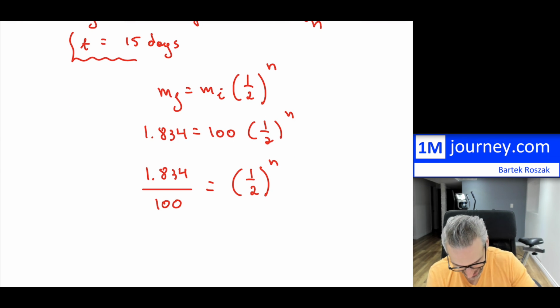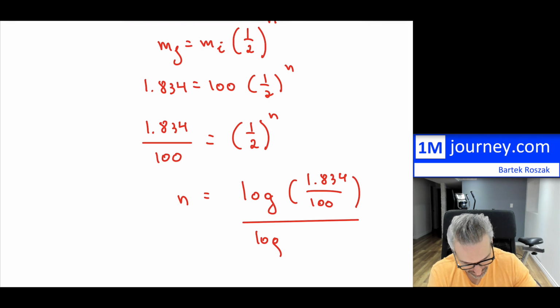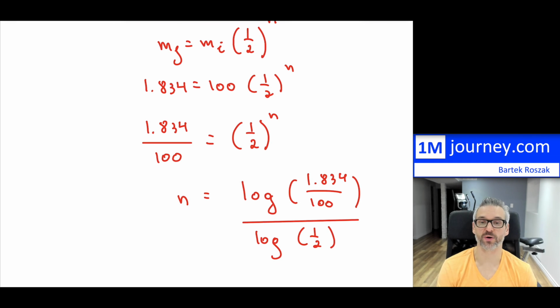And now my n is equal to, taking log of both sides, log of 1.834 divided by 100, divided by log of 1/2. All right, so that's what I have right there.